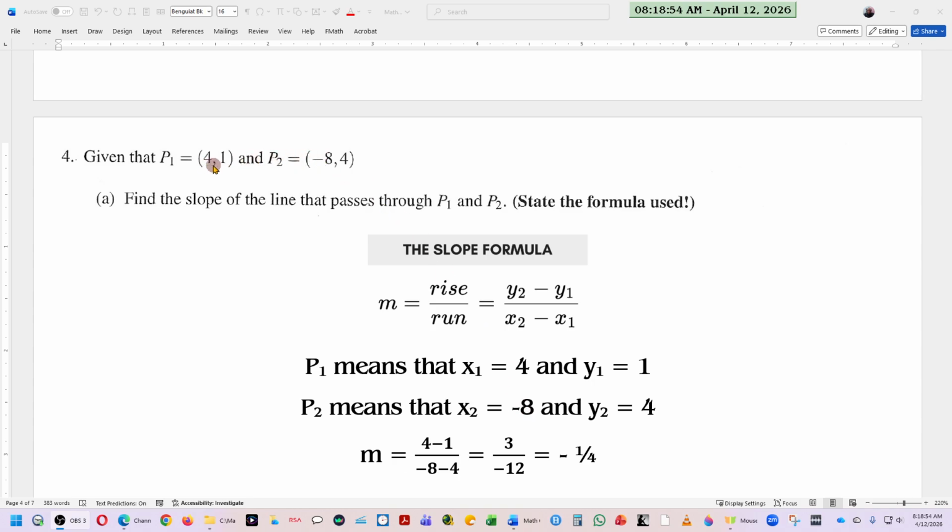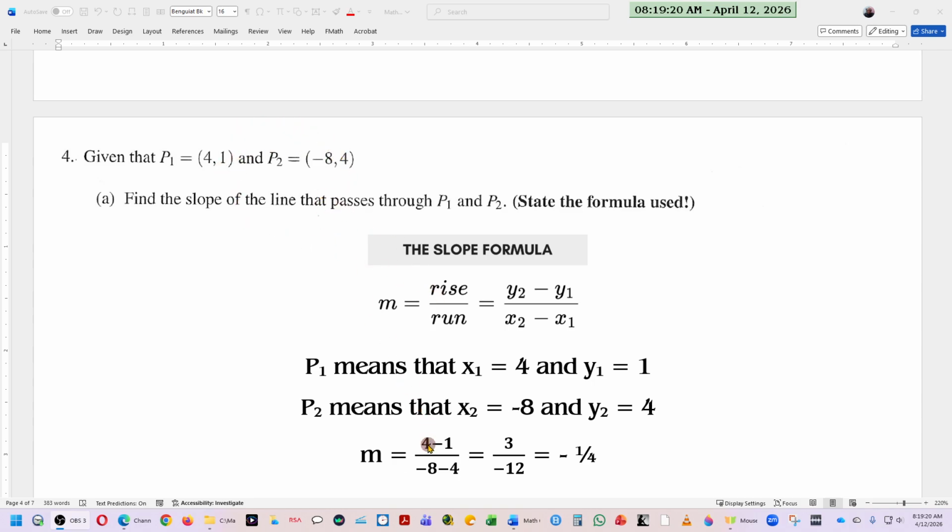So the first position matches the first position. Likewise, for y, the first position for y is 1, and the second position for y is 4. So as long as you have your 4 and your minus 8 lined up, and your 1 and your 4 lined up, and it has to be x with y. And it has to be the y that's on the top. So the second numbers must be on the top.